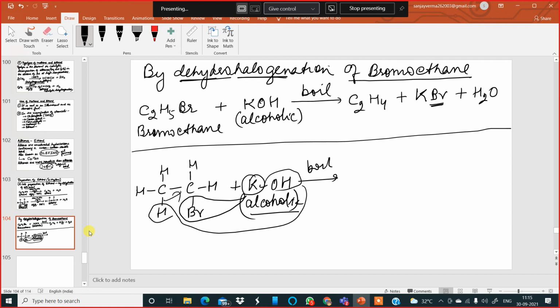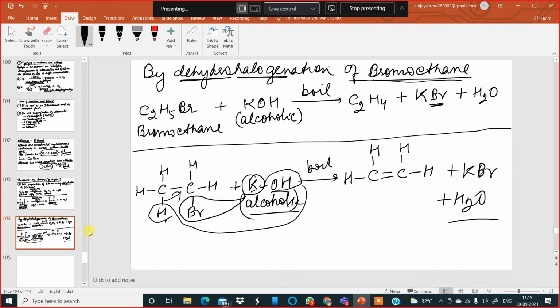There will be formation of a double bond over here. So that's how we get ethene: H2C=CH2, plus potassium with bromine means potassium bromide, and OH with H means water. So this is also the second method of preparation of ethene, which is called dehydrohalogenation.